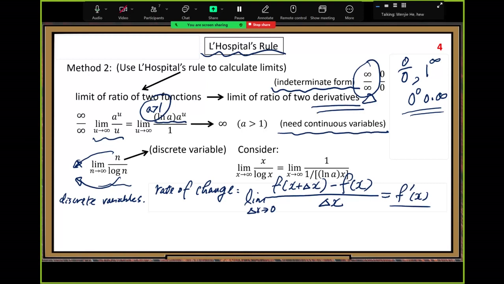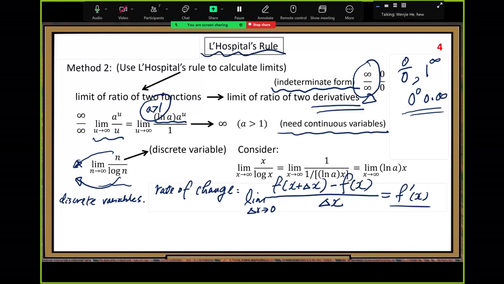For the denominator, the derivative of a log function, log base a, is 1 over natural log of a times x. You can find it somewhere. After simplification, you get a limit when x goes to infinity of a constant, natural log of a.